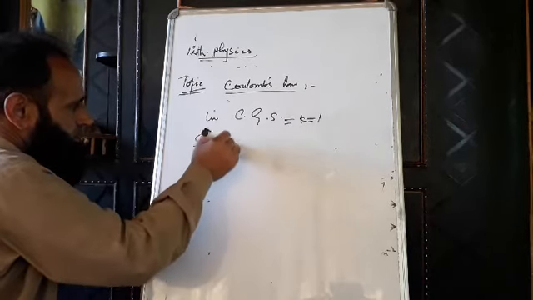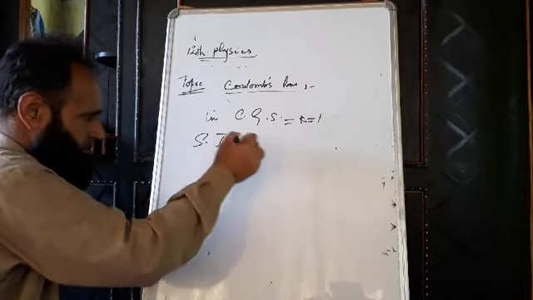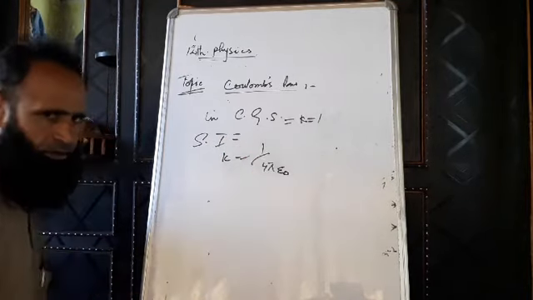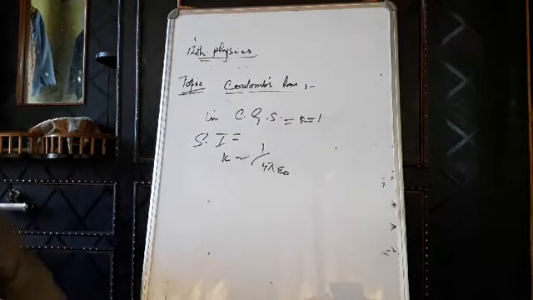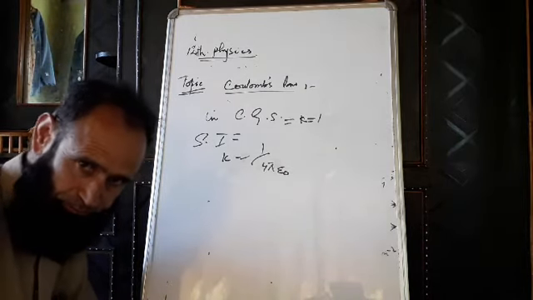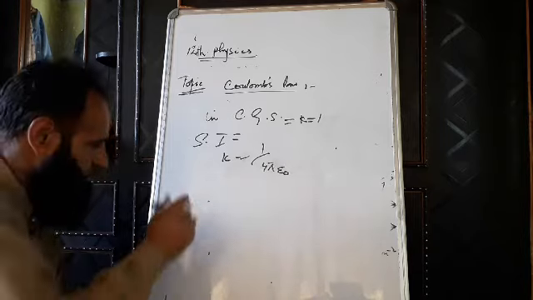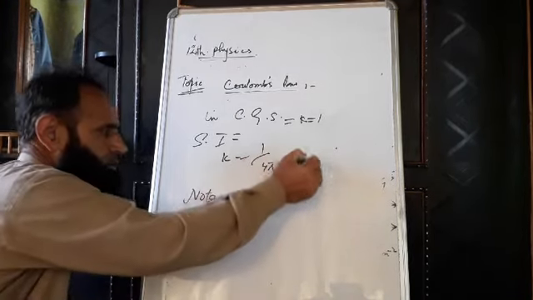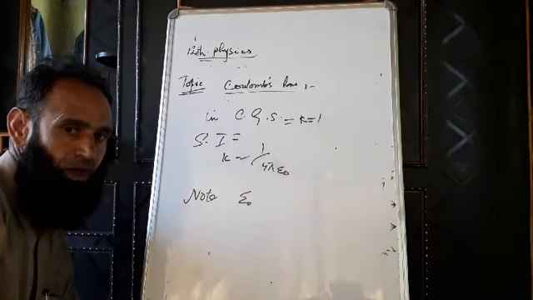In the SI system, in vacuum, K was 1 by 4 pi epsilon naught, and we have found the value of epsilon naught. Note that this was the value of epsilon naught in vacuum.